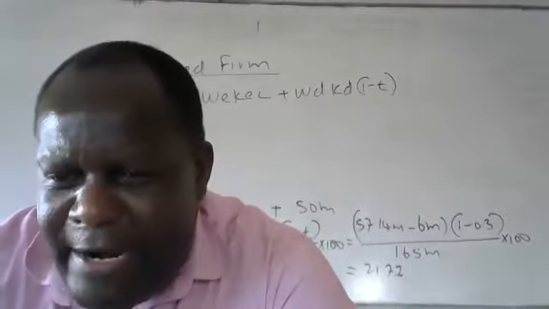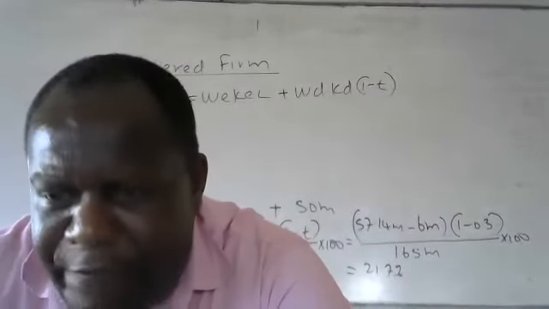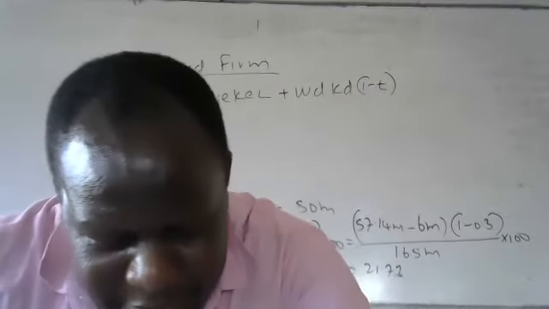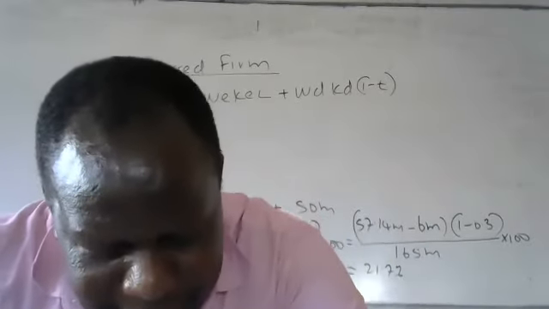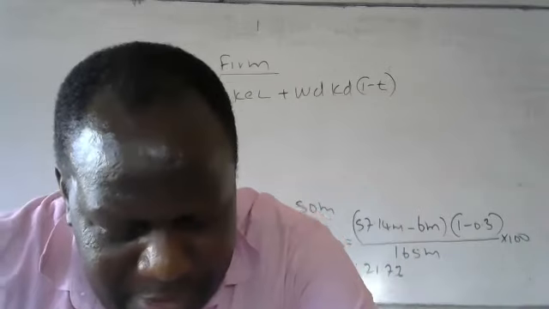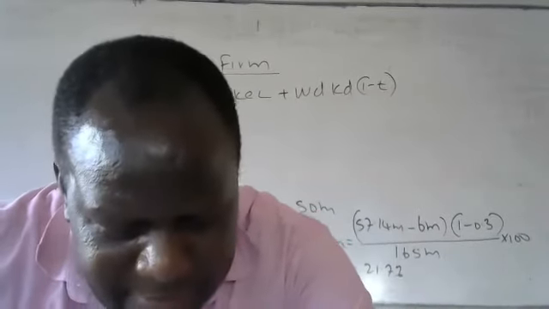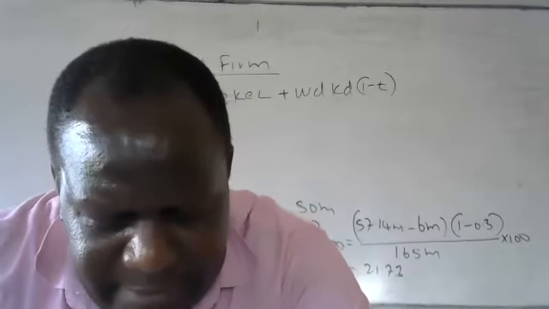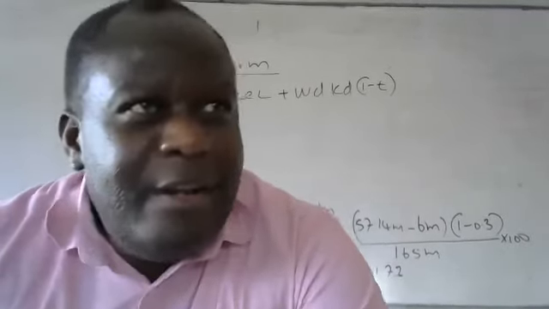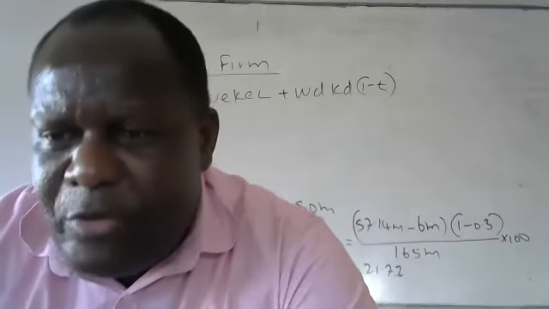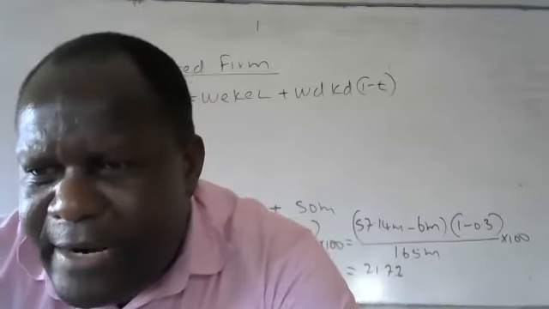Because earnings per share was given when the firm was unlevered. The information we were told is that the company is what? Unlevered. So when it is unlevered, the firm has 10 million ordinary shares. So the 10 million I used was when the firm was unlevered.